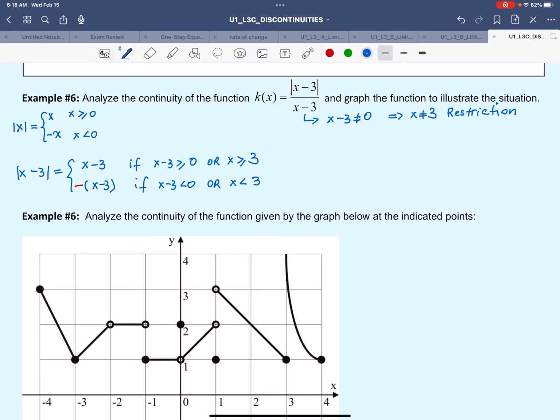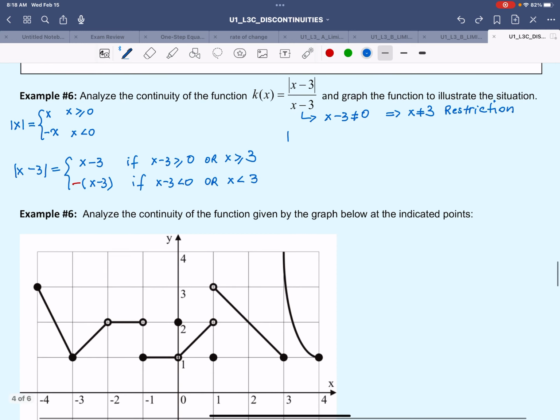So if we were to evaluate the function at 3, so k at 3, it means that we have to substitute x by 3. We get 3 minus 3 over 3 minus 3, which will be 0 over 0. So this is undefined.